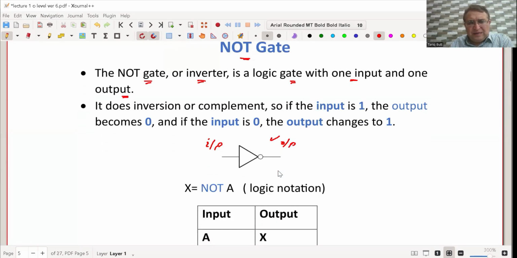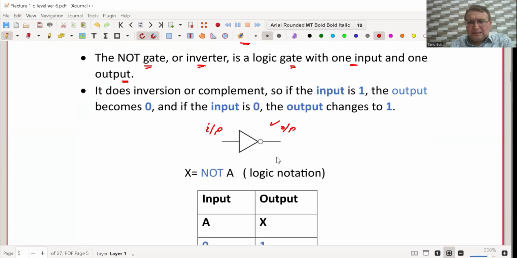So for every gate, you need to know one is its symbol, the other one is its logic expression, and the third thing is the truth table. I mean the behavior of that particular gate. Fine. So for instance, this is the symbol for NOT gate. This is the input.